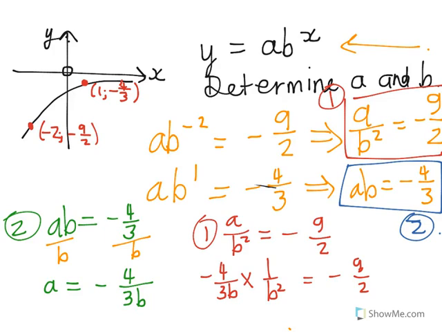So you've got -4 times 1, top times top, which is just -4, and at the bottom you've got 3b times b squared, so that would be 3b cubed. That's quite a squashed thing there, but that would be -4/3b cubed.